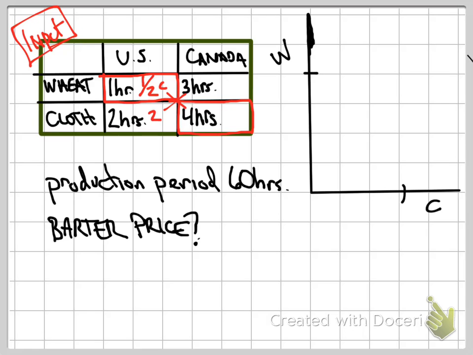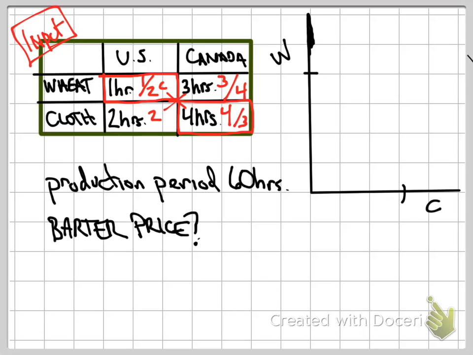If we just invert that, 1 unit of cloth would cost the United States 2 tons of wheat. Canada, on the flip side, has an opportunity cost for wheat of 3/4 of a bolt of cloth, or 4/3 tons of wheat for a bolt of cloth in the production opportunity costs.